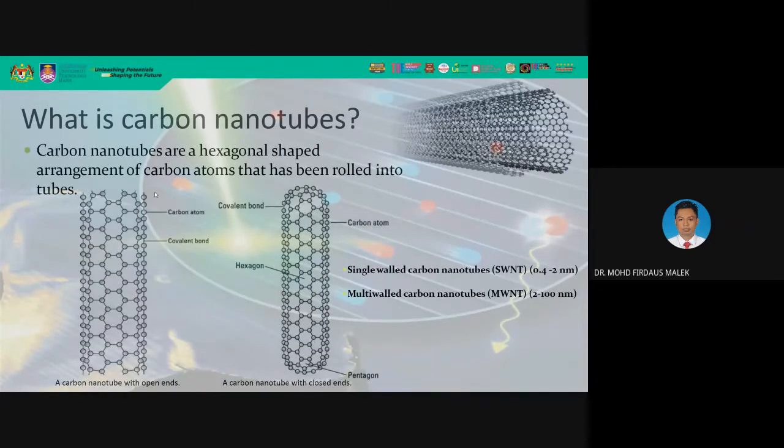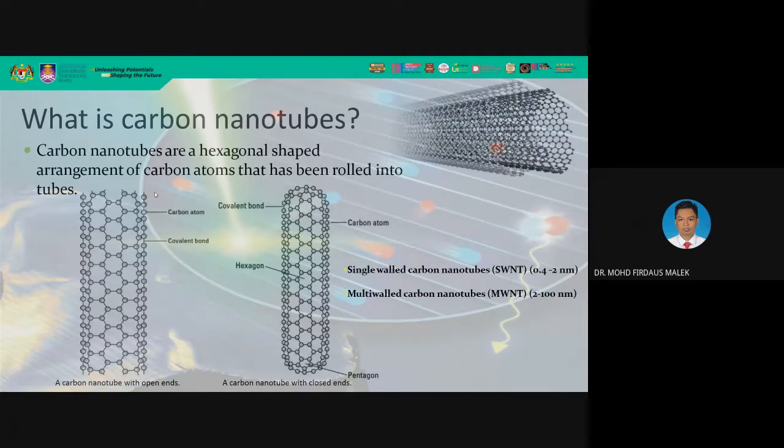Anyone? No? Okay, siapa pernah main badminton? Anyone? Okay. Your badminton racket is one of the applications of carbon nanotubes. They use carbon nanotubes to make your badminton racket.